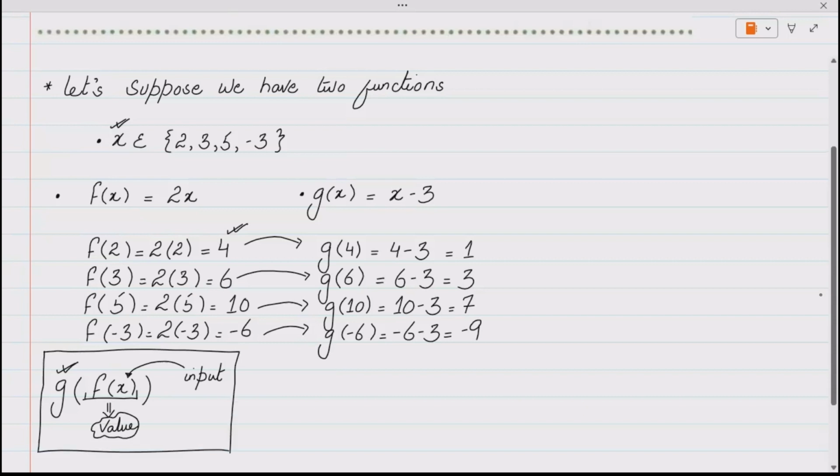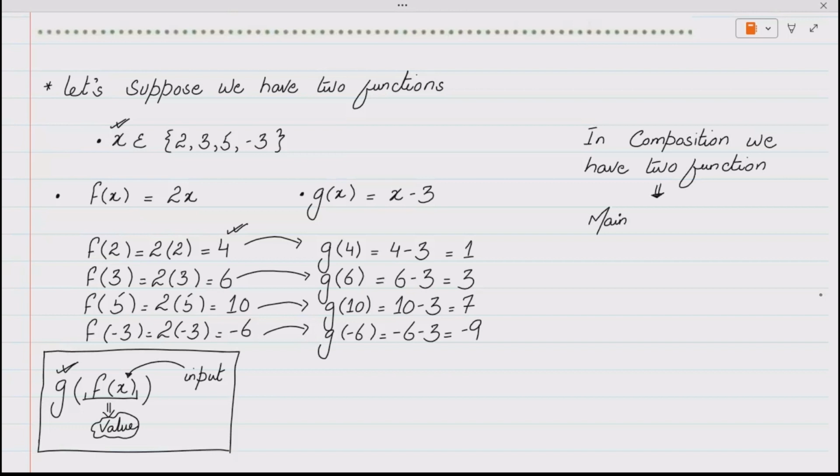And how do we compose them? The concept of composition is really easy. In composition, we have two functions, and the main thing is how to connect these two functions.